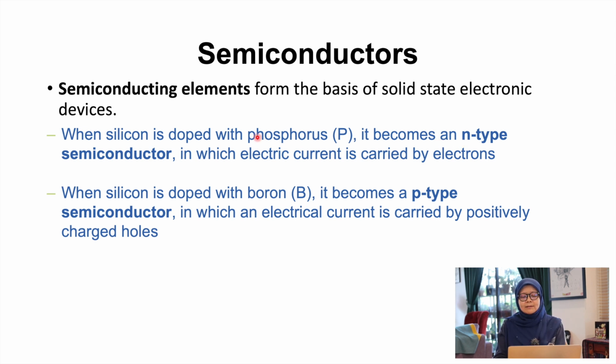Then, when silicon is doped with boron, it becomes a P-type semiconductor, in which electrical current is carried by positively charged holes. So P means positive.